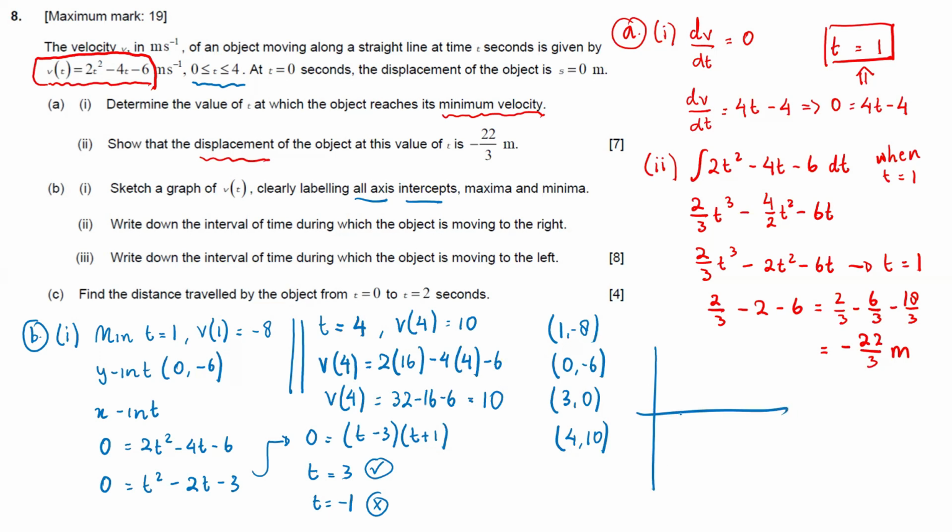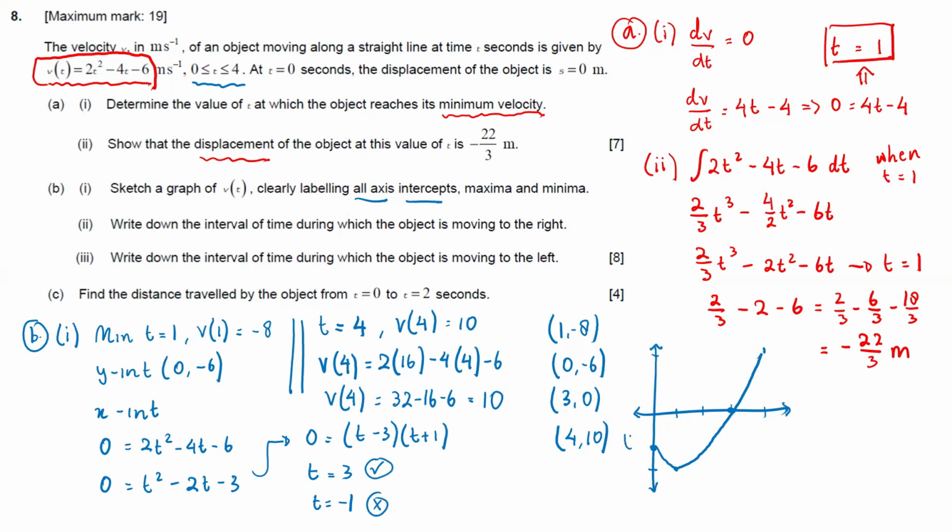We have 0, 1, 2, 3, 4, and then negative 8 and 10. (1, negative 8) is going to be right here. We have (0, negative 6) right here. Then (3, 0) is right here, and (4, 10) is right here. So it's going to be something like this. Again, this is just a sketch.